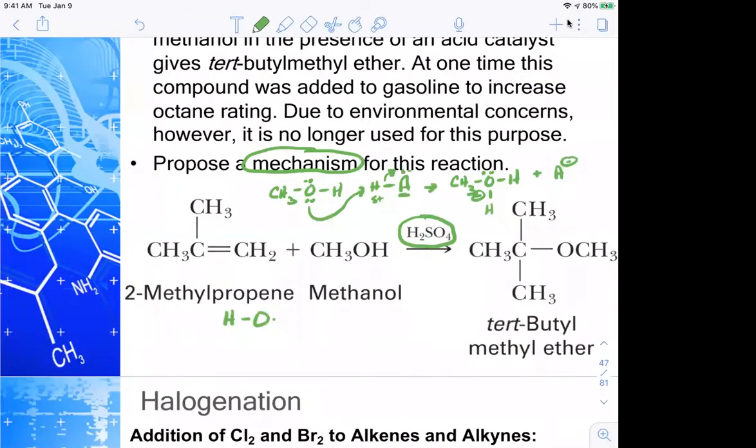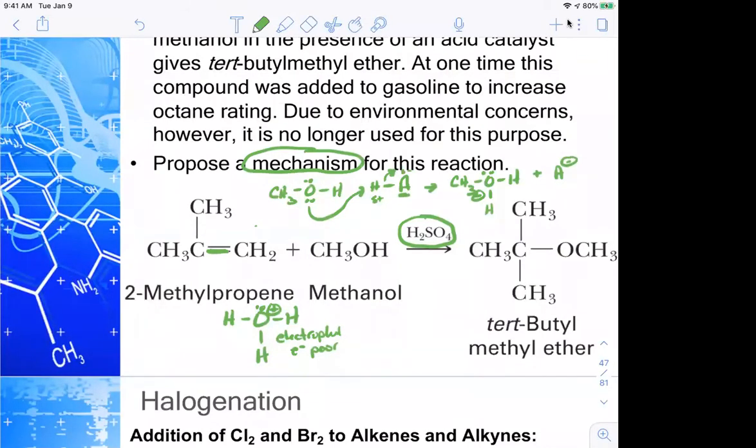So this now is my electrophile, because it's electron poor. And it's electron poor because I have that positive charge. So now one of these double bonds is going to attack this hydrogen. I'm going to have to obey Markovnikov's rule here, right?